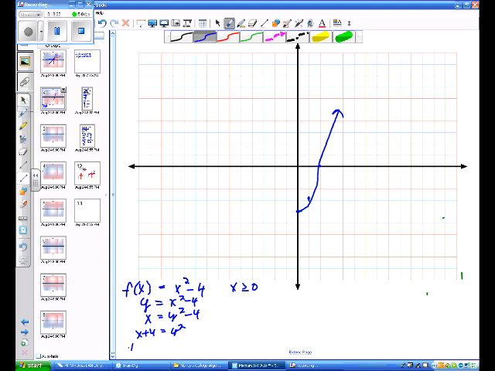Now, when we take the square root of both sides, we always say plus or minus. And we've got plus or minus the square root of x plus 4 equals y.